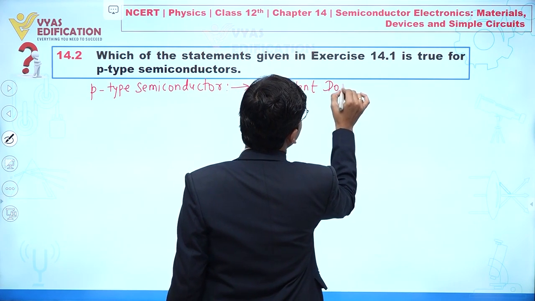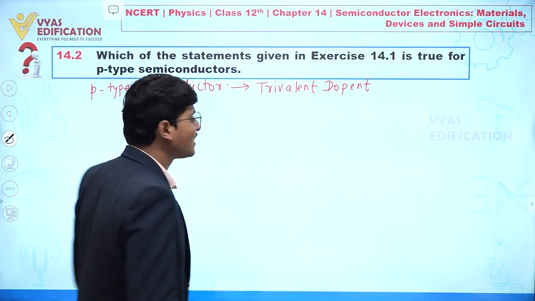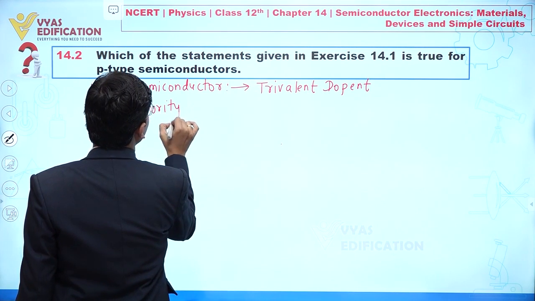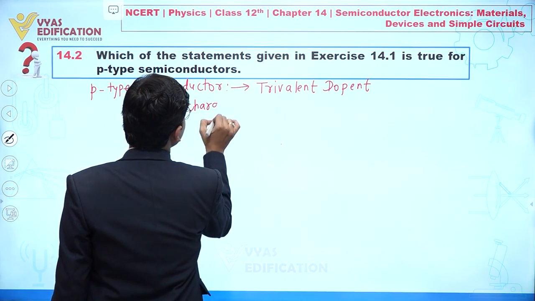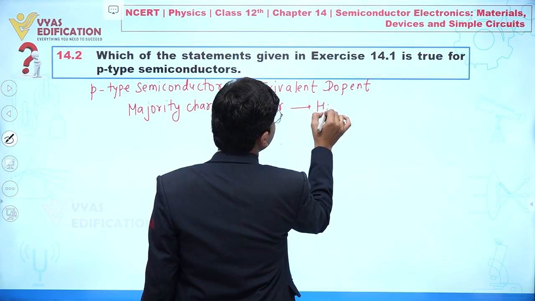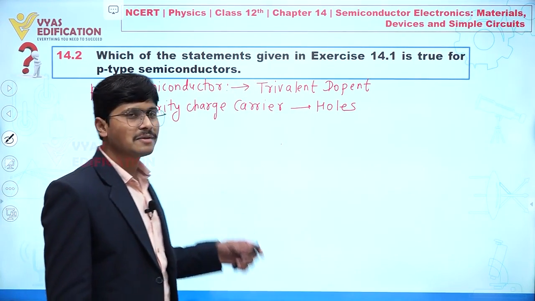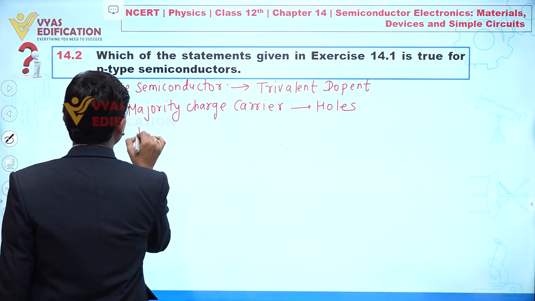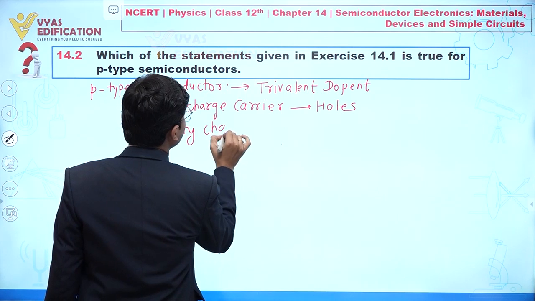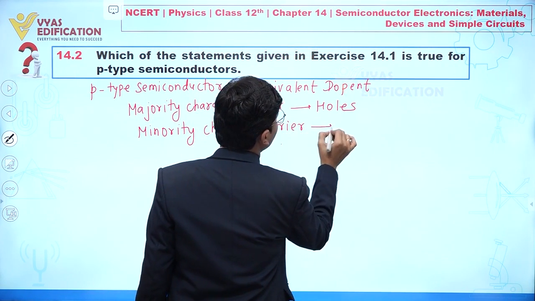And which one is the majority charge carrier? It is holes. So in a P-type of semiconductor you always find holes are the majority charge carriers, and for minority charge carriers we have electrons.